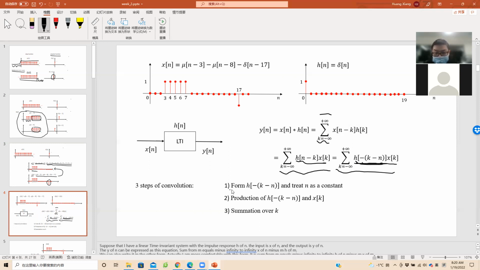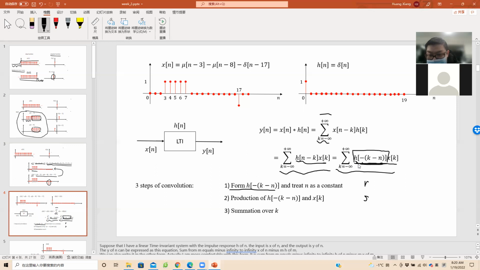For the first step, you may notice that this equation, h of minus k minus n, actually has the basic operations that were introduced before: the reflection operation and the shift operation.